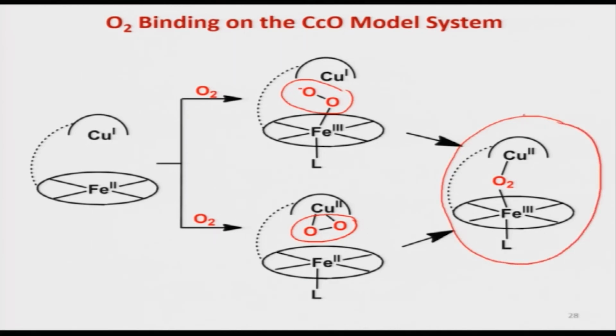It does not matter whether it first binds to copper or first binds to iron. This question is still debatable. Most probably dioxygen first binds to the iron center and converts to this species, and as I have said, in this superoxide the O-O bond dissociation energy is lowest, where this O-O bond easily breaks and converts to water.